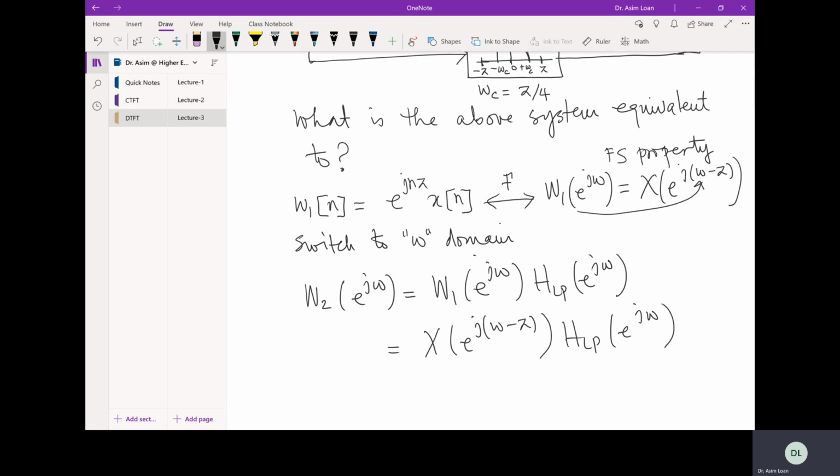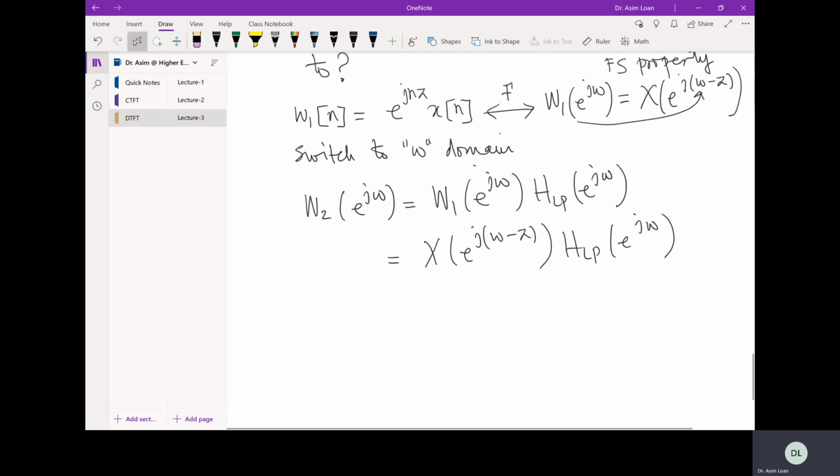So this is W2 of e^{j omega}. What is W3 of n? W3 of n is e^{jn pi} into W2 of n.